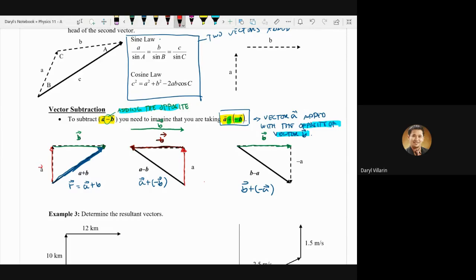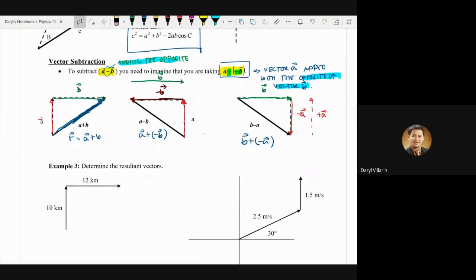So therefore, the negative of A is going south. So that is downward. Because positive A is going upward. This is your positive A. So the same length, again, a negative vector is just defined that way. The magnitude is the same. However, the direction is completely opposite, or 180 degrees apart.